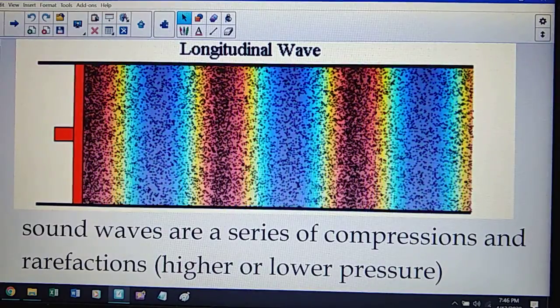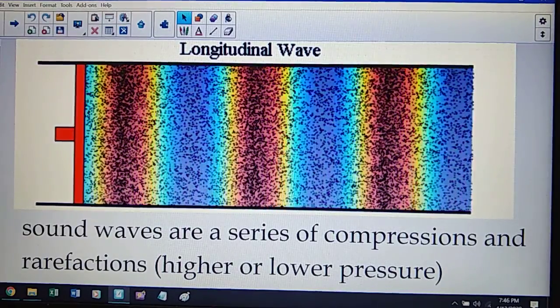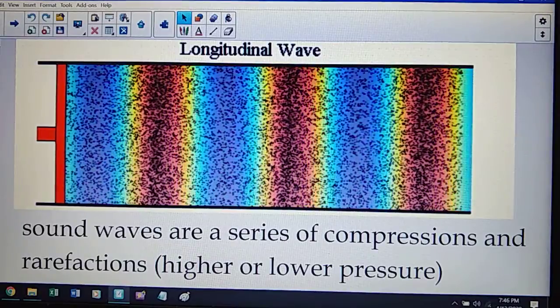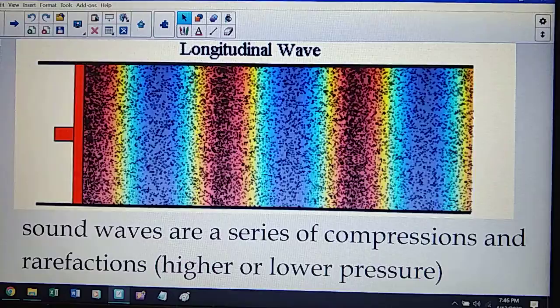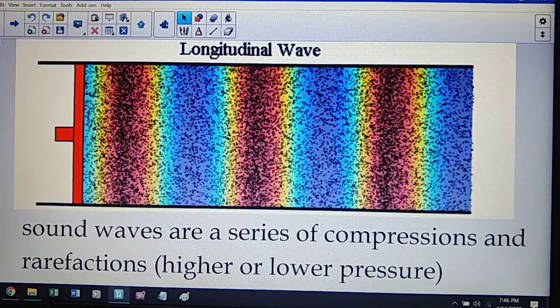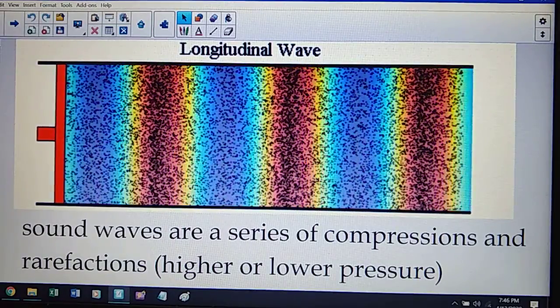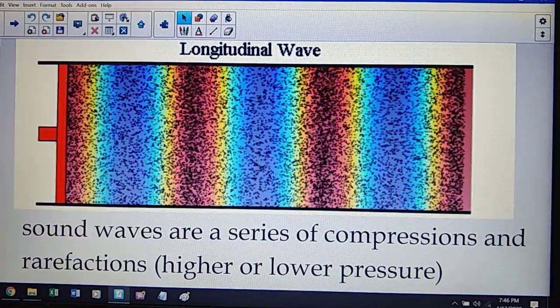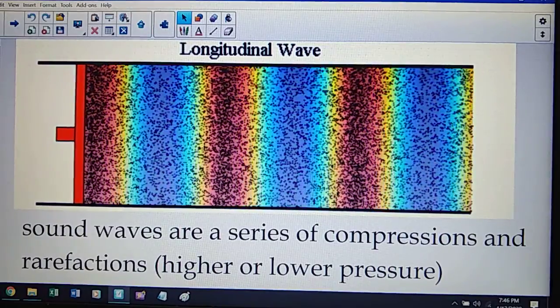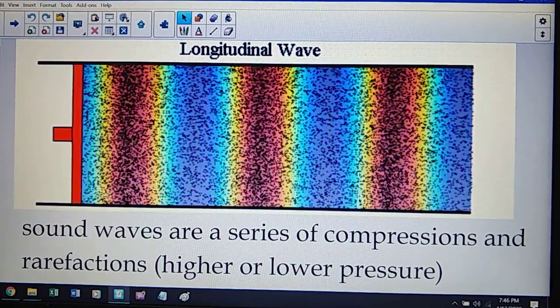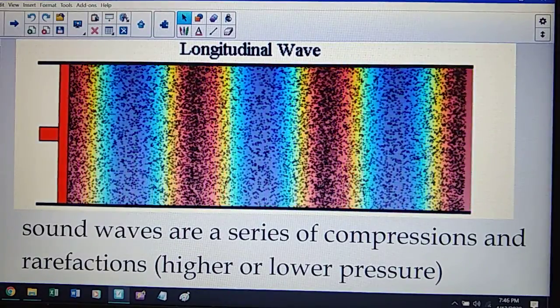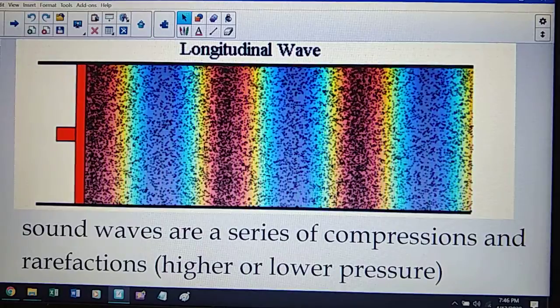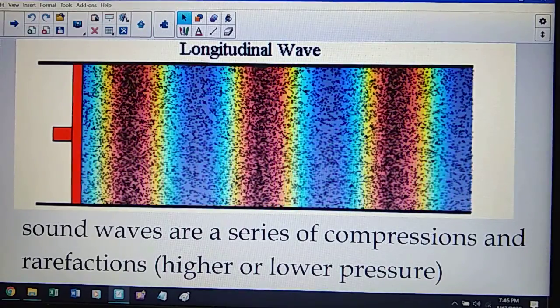So as the plunger on the left-hand side here pushes in, you can see that it creates an area of higher pressure, a compression, squeezing the particles together. As it pulls back out again, it lets the particles spread outwards, and that's called a rarefaction. That's an area of lower pressure. So a longitudinal wave is also sometimes referred to as a compression wave, where it has areas of higher and lower pressure.